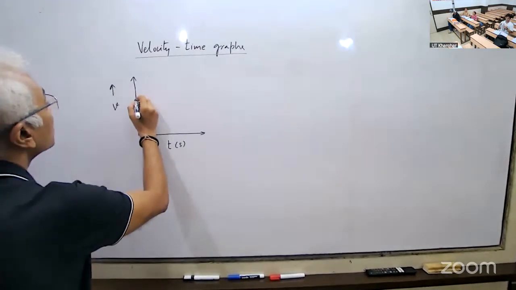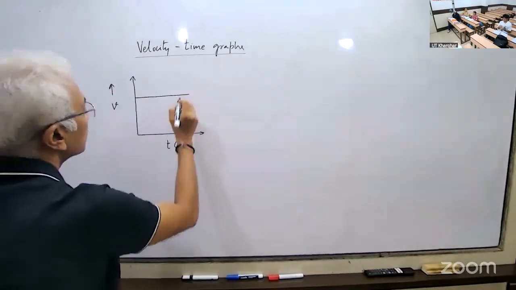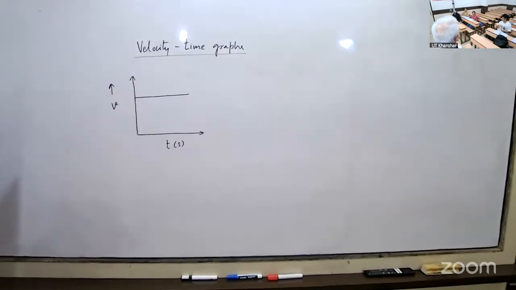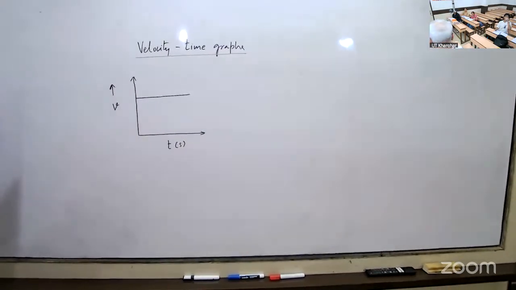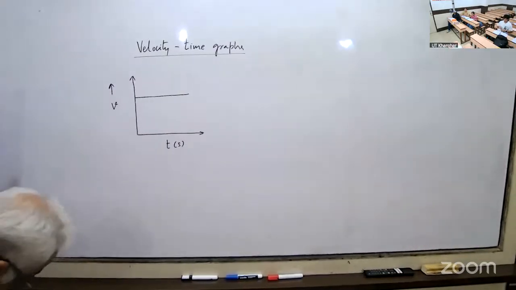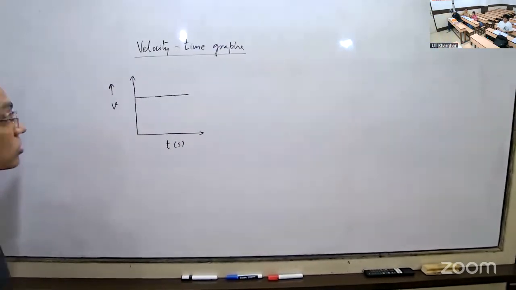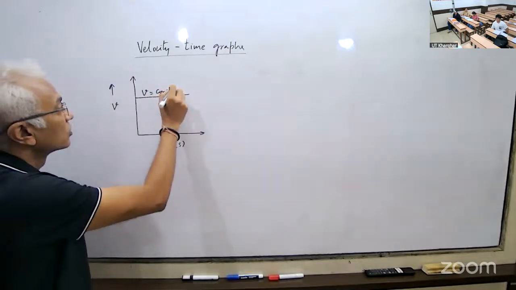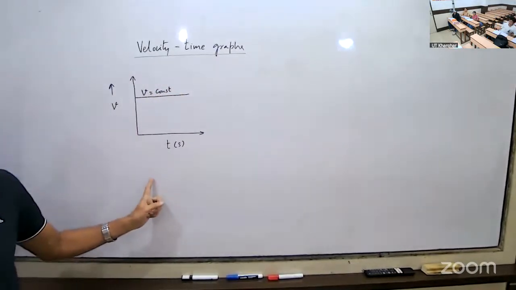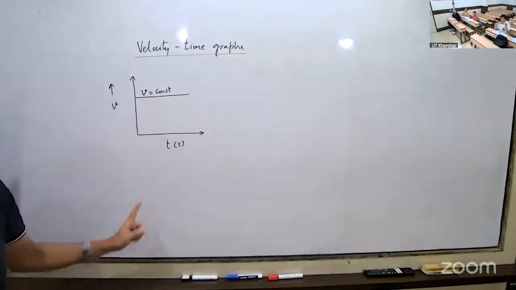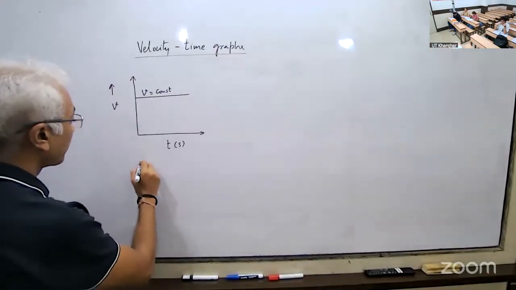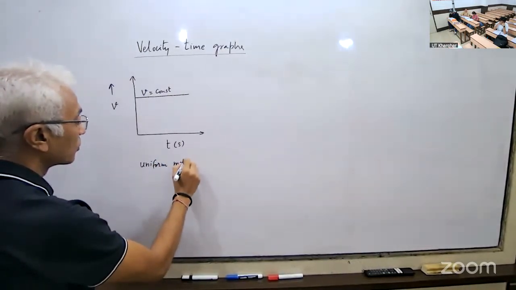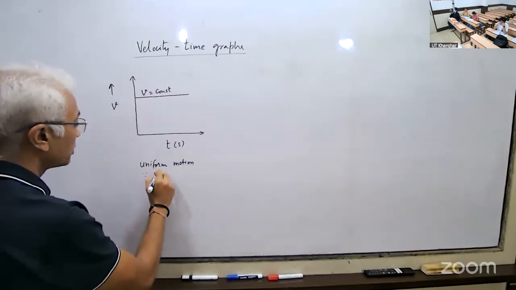Let us say I have a velocity time graph like this. Uniform velocity. So V is constant, right? That means constant velocity means uniform motion. Correct? So this is uniform motion, since V is equal to constant.